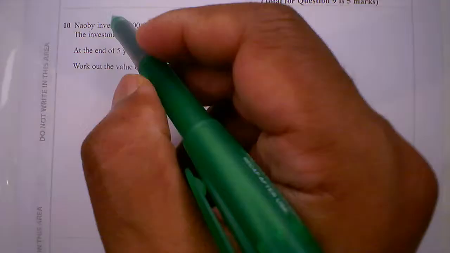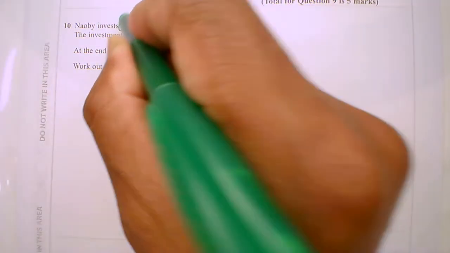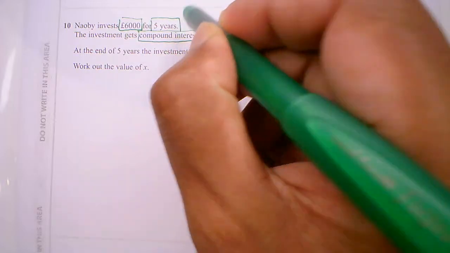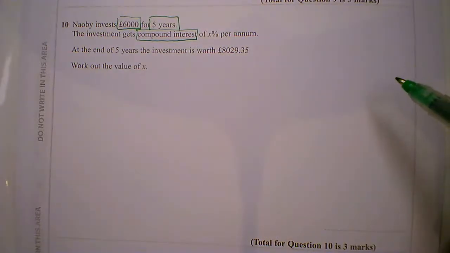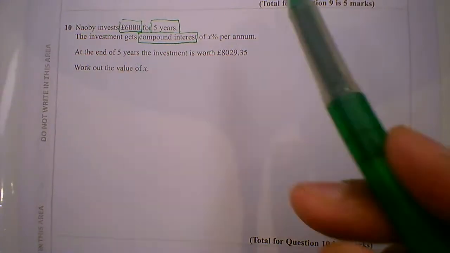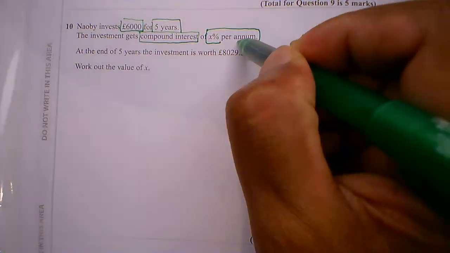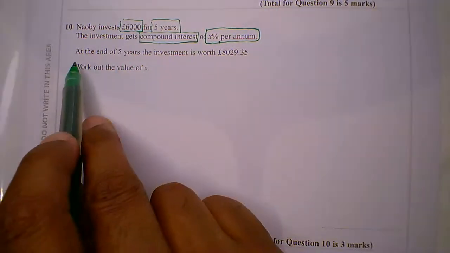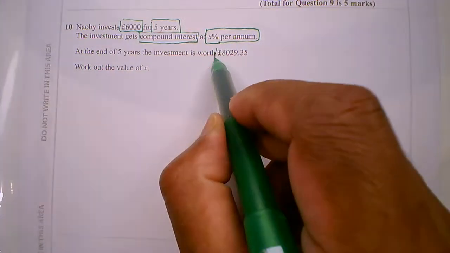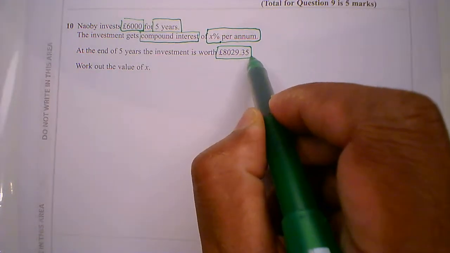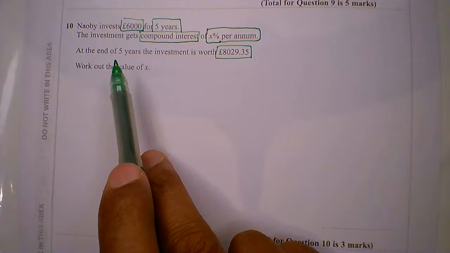So the key information: Niobe invests £6,000 for 5 years, at an interest rate of X% per annum. And at the end of 5 years, it's worth £8,029.35.